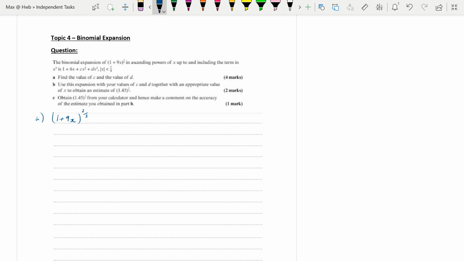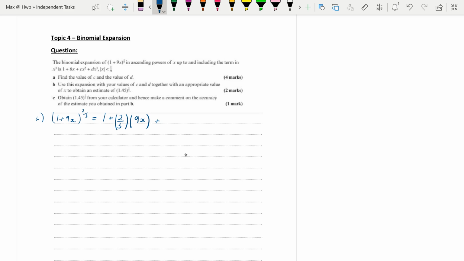Now, realistically, I could isolate those and look at them independently, but probably the easiest way for me to do it is to just do the full expansion, like we normally do. So the first bit is 1, plus n, so 2/3, times x, which is 9x.